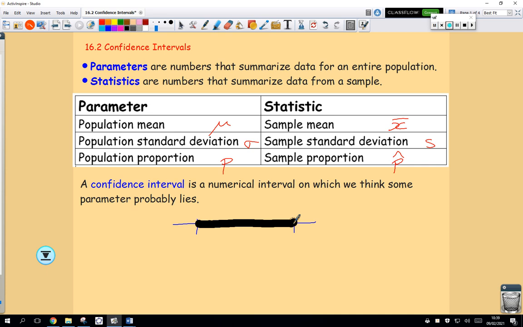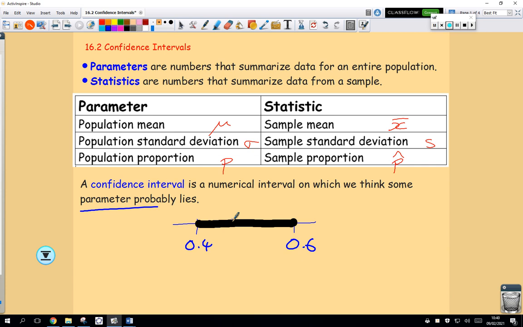So you might have a confidence interval with a lower limit of 0.4 and an upper limit of 0.6. And we think that some parameter probably lies somewhere between these two numbers.